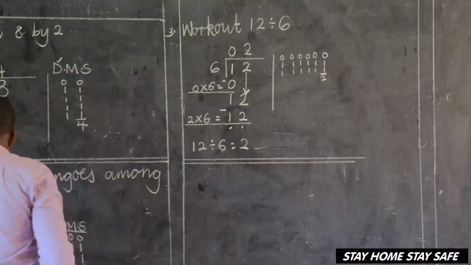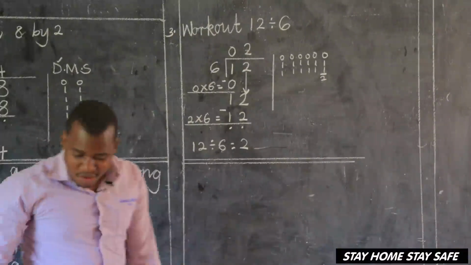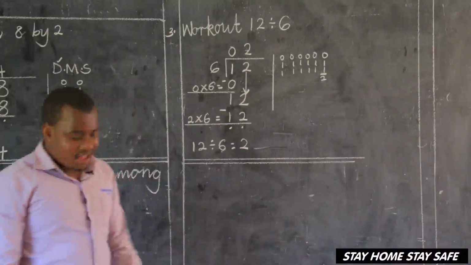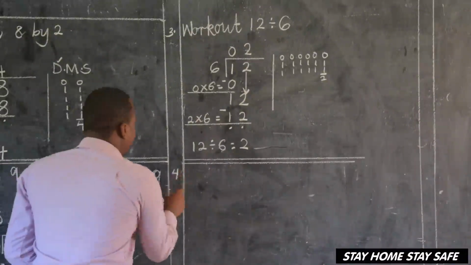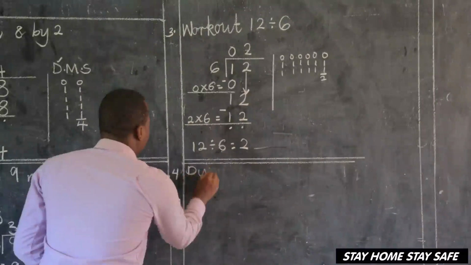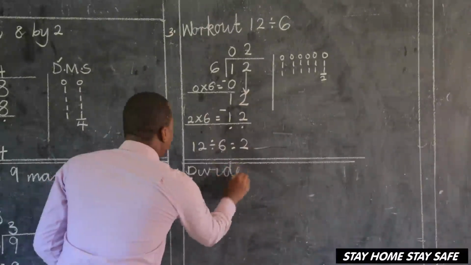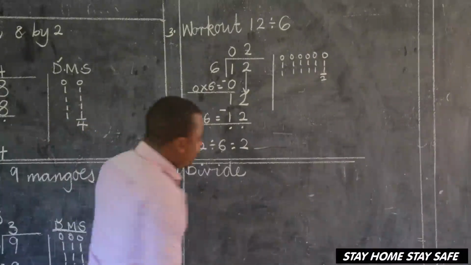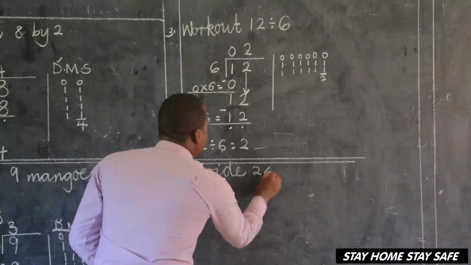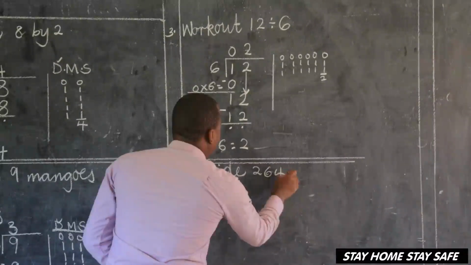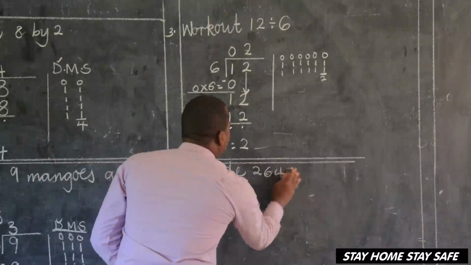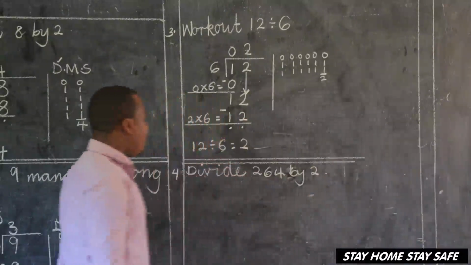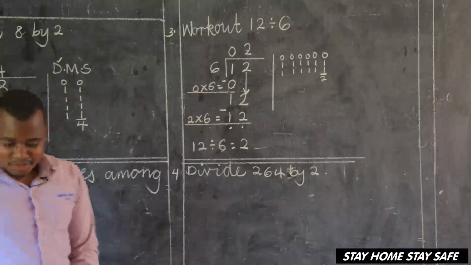I want to give you, my good children, only one more example, then we move on. Number 4. Divide 264 by 2. 264 by 2.